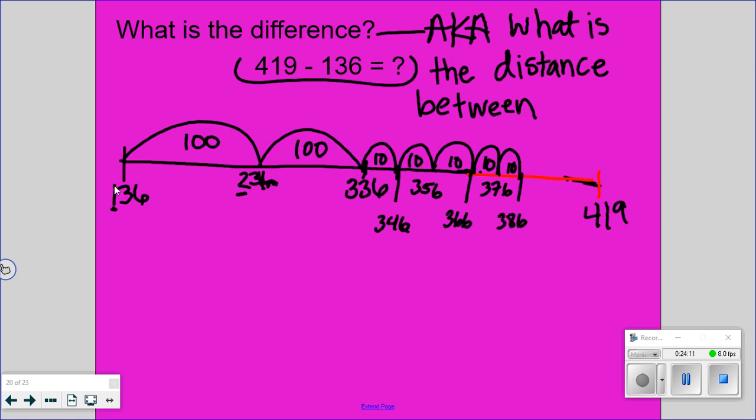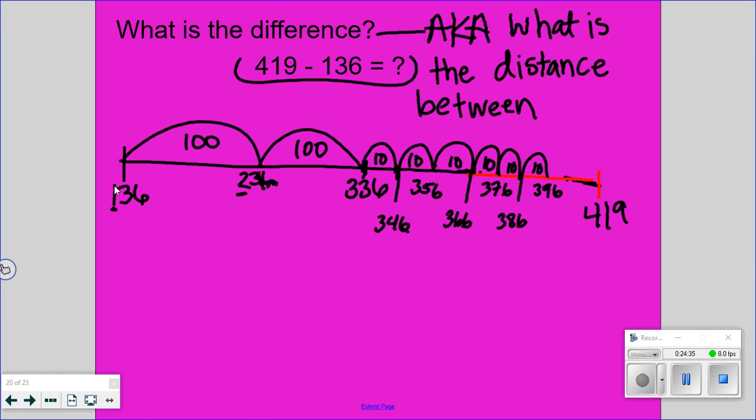Can I keep going? Yes, I can. You can figure out how to solve that problem. What's 10 more than 386? Addison? 396.